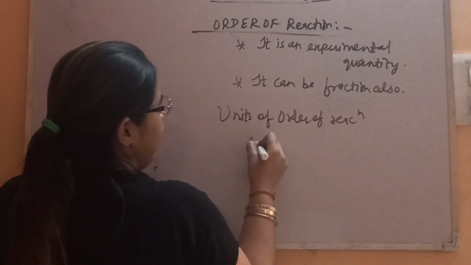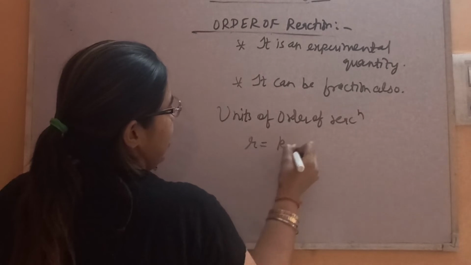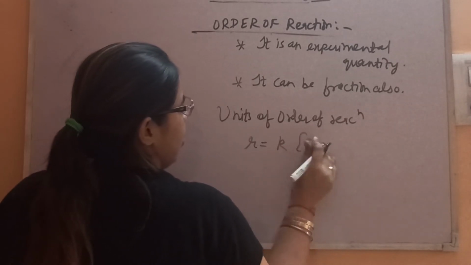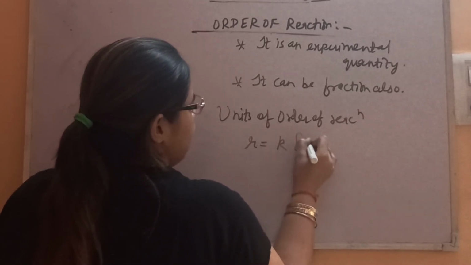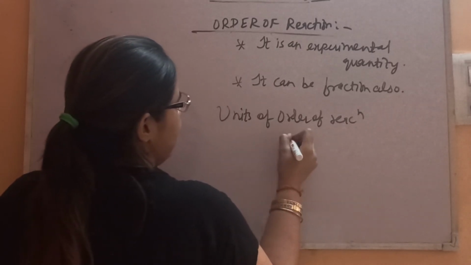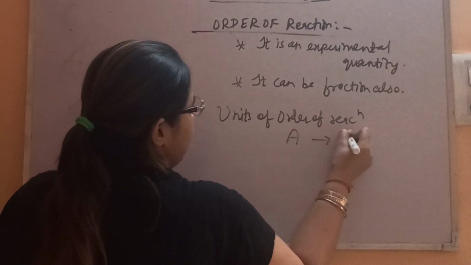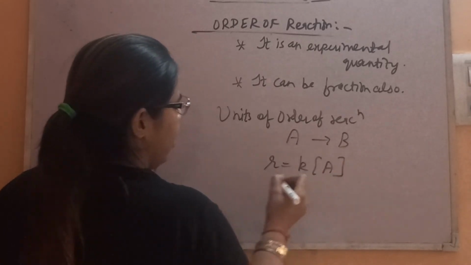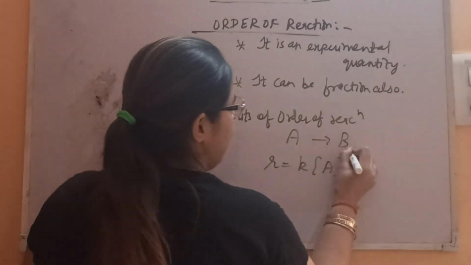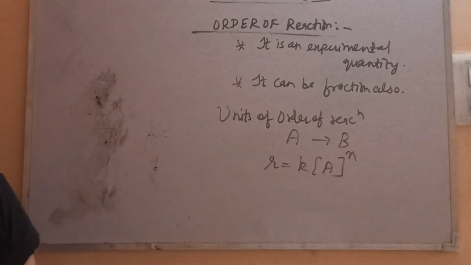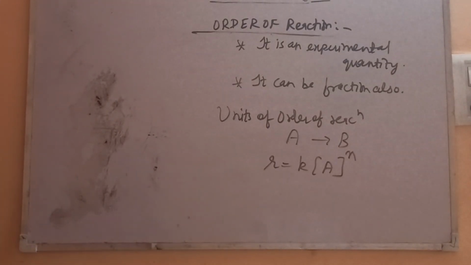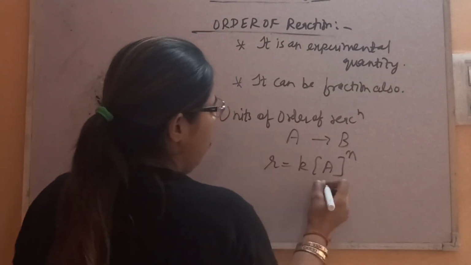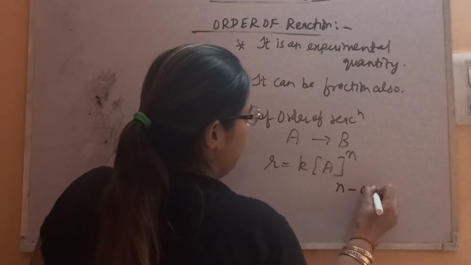So we have written the rate is what? K, then let's say a simple reaction, you can just consider A to B. For this the rate is what? K and concentration of A raised to the power, let's say n, where n represents the order of reaction.